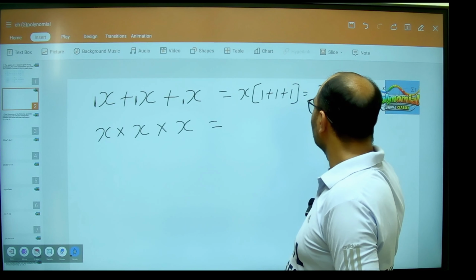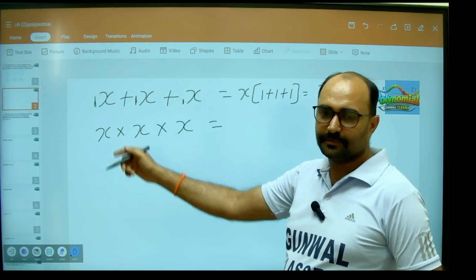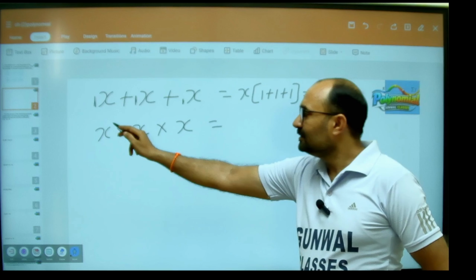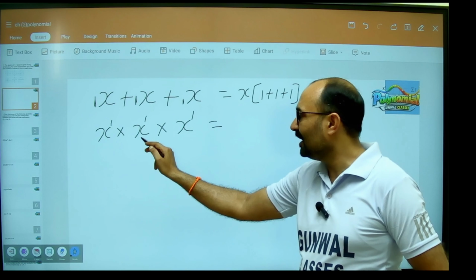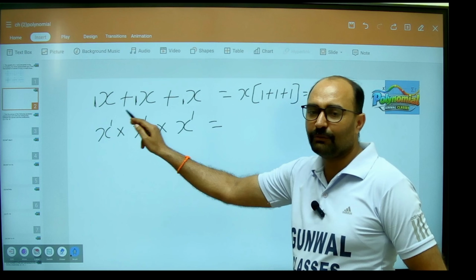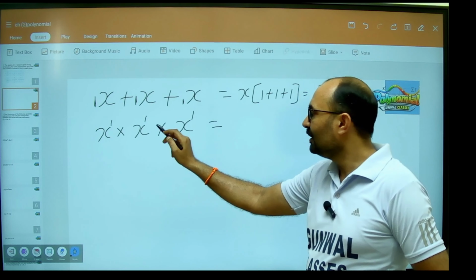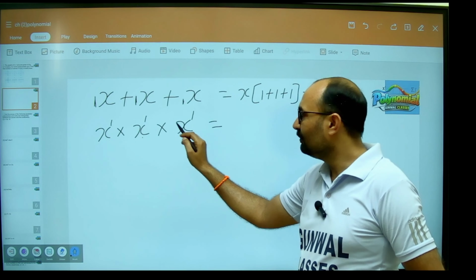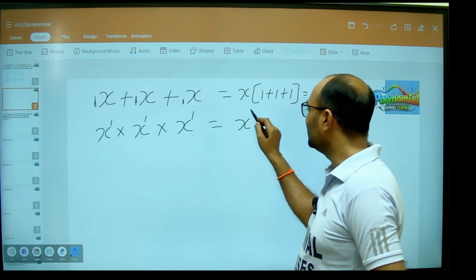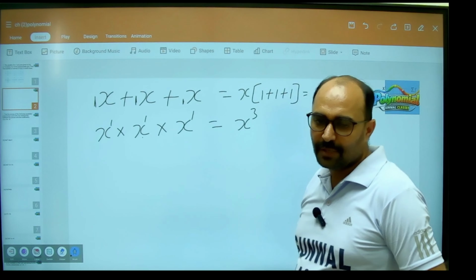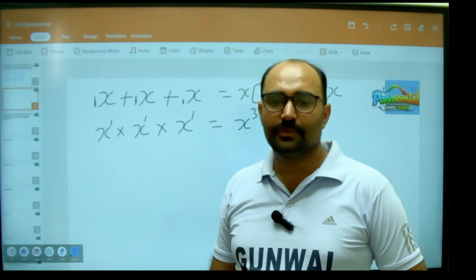So 3x. Now x multiplied by x multiplied by x is equal to? We studied in powers and exponents that when the base is the same and they are multiplied, the powers are added. 1 plus 1 is 2. Again the power will be added: 2 plus 1 is 3. So x to the power 3, that is x cube. Power 3 is known as cube.